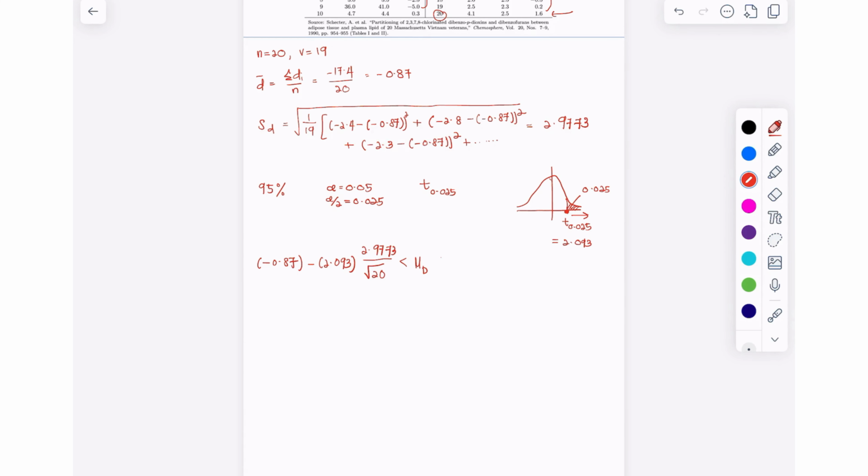For the upper bound, we should obtain the same thing, but we should consider plus instead of minus. So I copy this one.